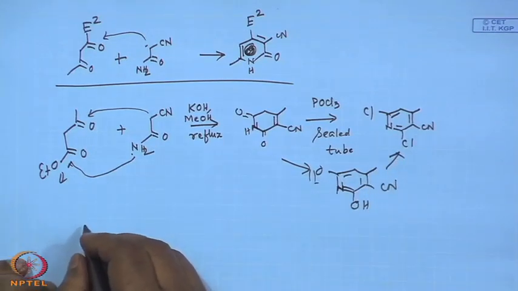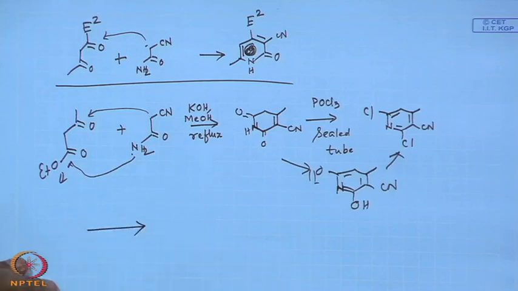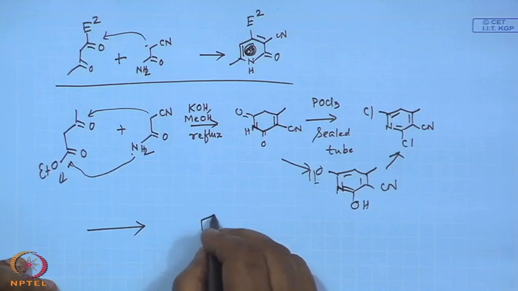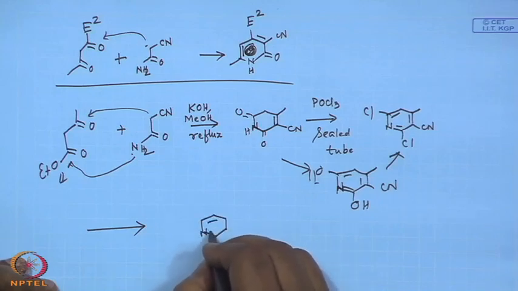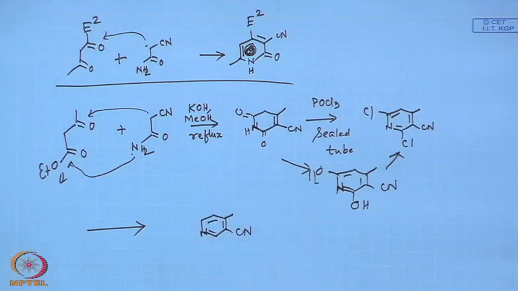Now, there is a series of reactions I think worth knowing here. Let us say we want to remove this chlorine and convert it to the corresponding cyano compound without chlorine. So, how do you remove this?